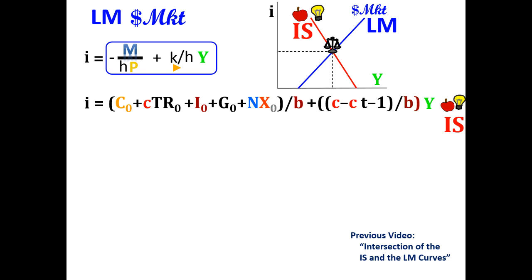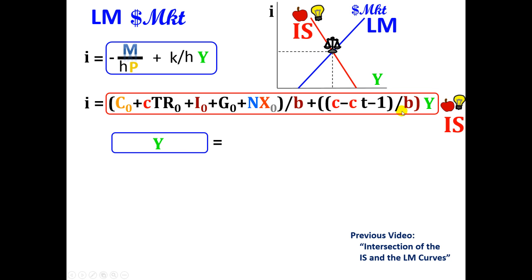So we say that this, with the only variable y, is equal to this, again with the only variable y. Graphically we are saying: find the interest rate where the red line and the blue line have the same y.